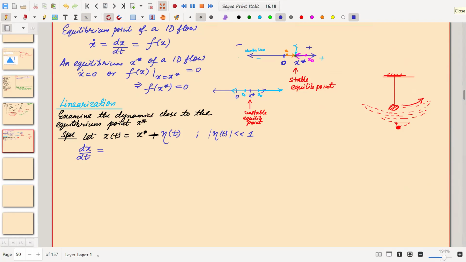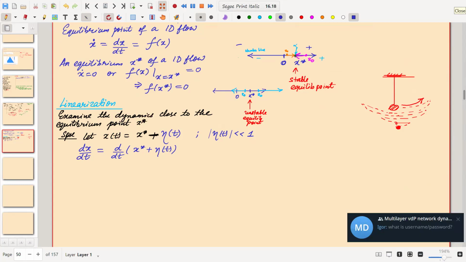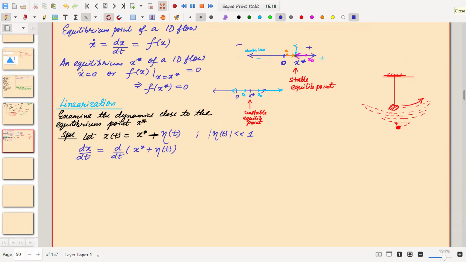It is d by dt of x star plus d by dt of eta t. Now x star is an equilibrium point, so it is a number. What's the derivative of it? Zero. So it is 0 plus d by dt of eta t.